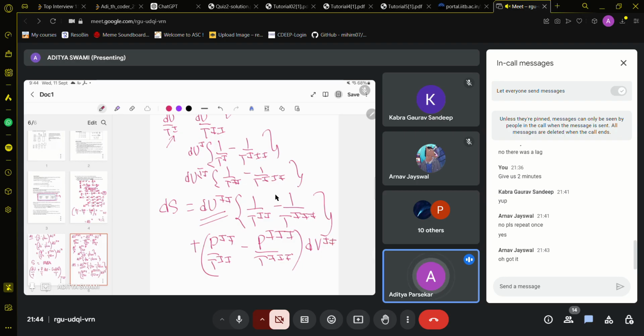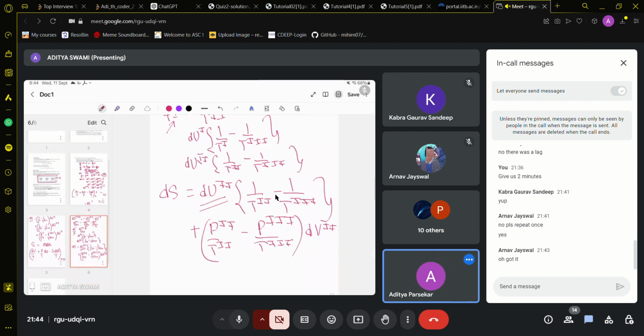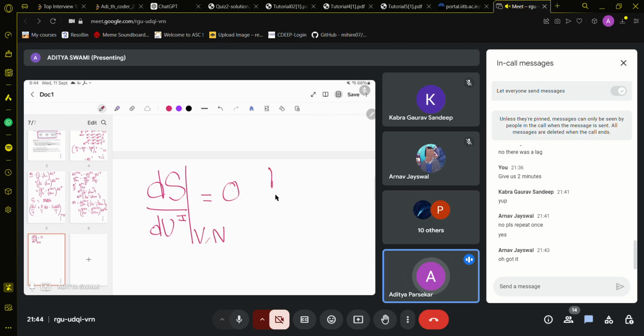Now this ds is going to be maximized with respect to all these differentials. So that means du2 is not individually 0. So what I'm technically doing here is, since I know that the entropy is maximized, I can write ds by du1 equals 0, given that the mole number is constant, similarly ds by dv1.